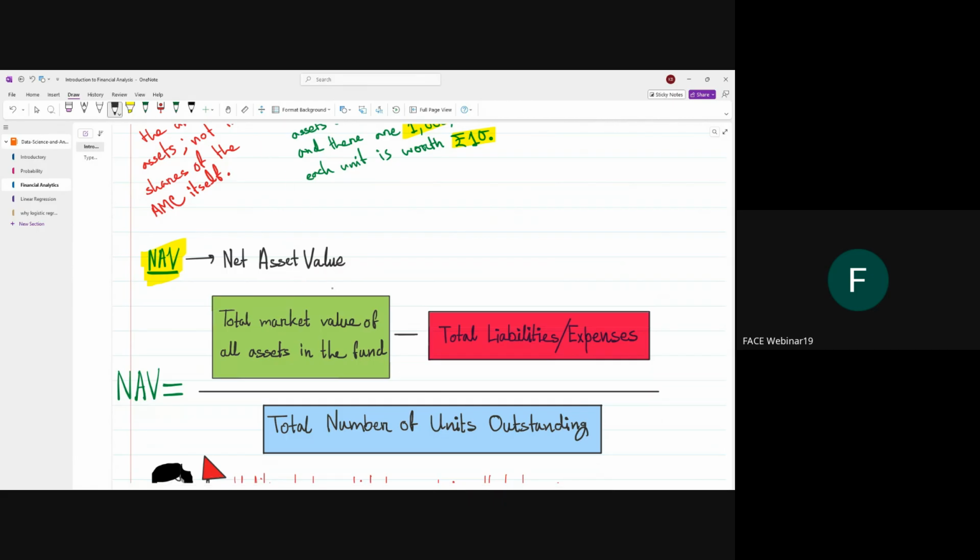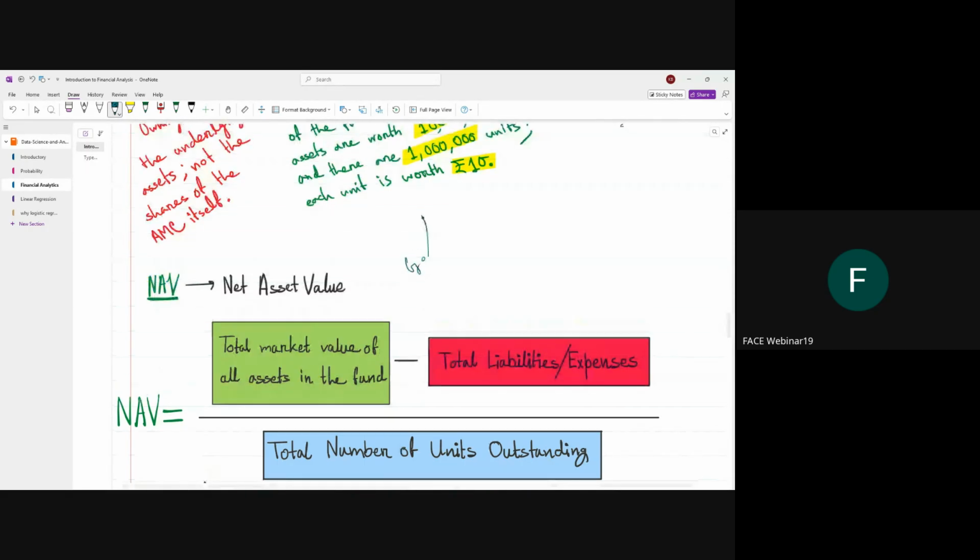So wait, maybe this fund has invested in a property. I'll say they have bought a house. I'll use a single example of 2 crore or something. Or maybe they bought a car, or maybe they bought gold.